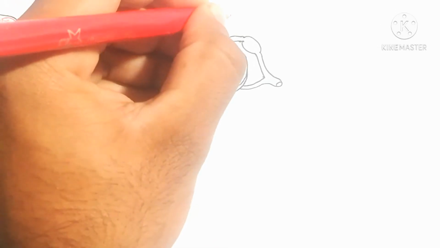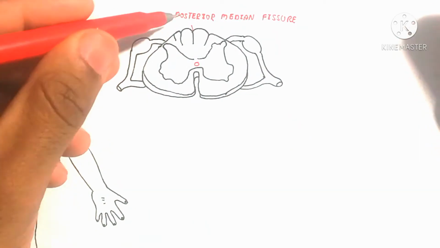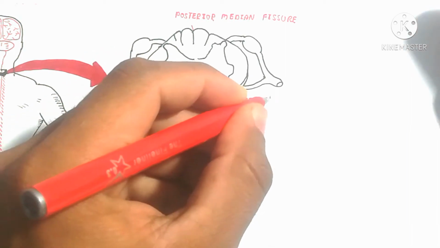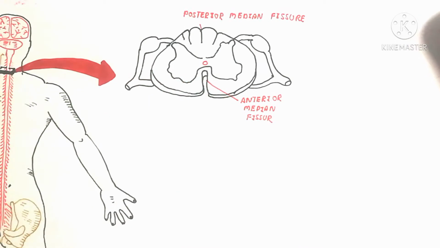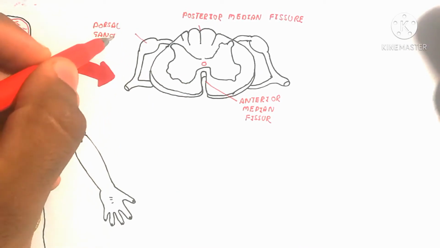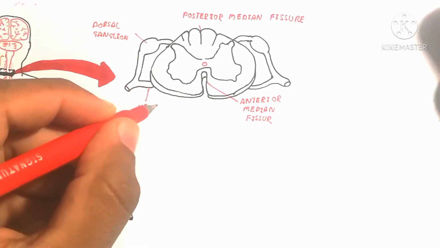So here is the structure of the cervical vertebrae, the cervical spinal cord. The cervical spinal cord contains a posterior median fissure. This is the posterior, and here is the anterior, if you are judging this diagram from the back side.